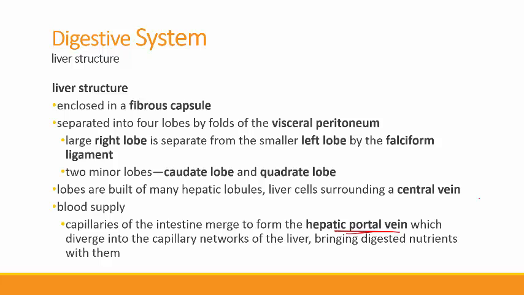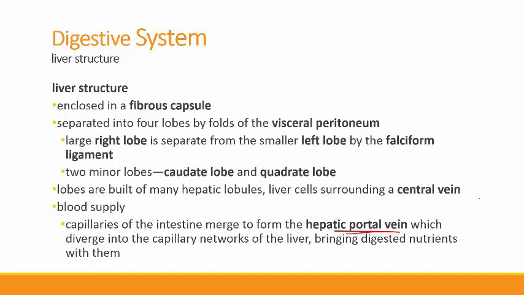Well, in the case of portal networks and portal veins, we go through a capillary network, venules merge to form veins, the veins then subdivide to form venules again, and then form another set of capillary networks.